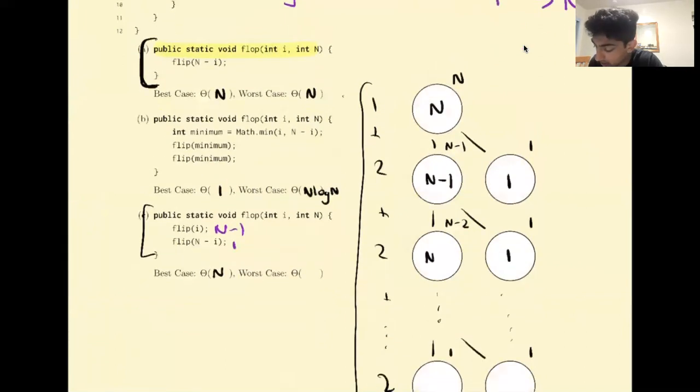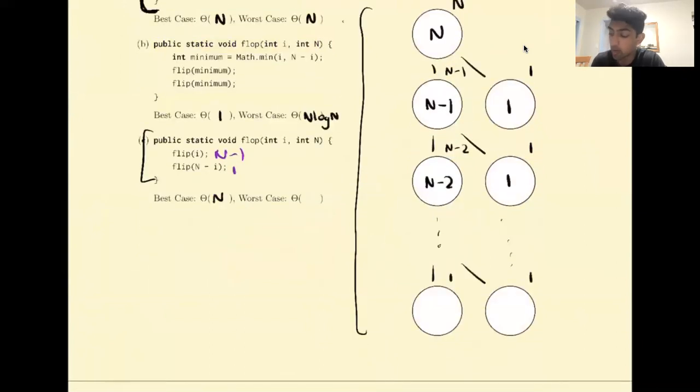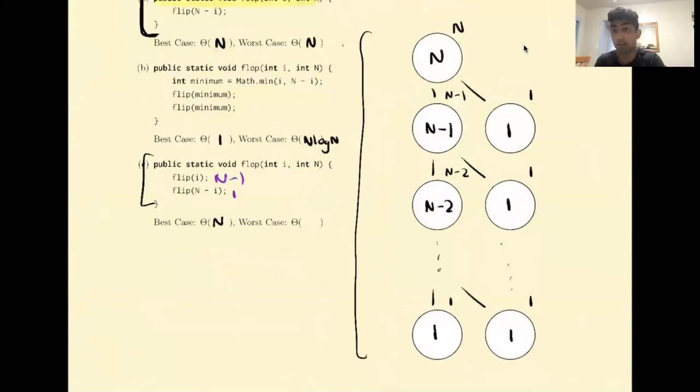But now what we can see is that we have a little more work at each level of this tree, right? So to find the total amount of work that we're doing in this case, we can simply look at the work per level. And what we will notice is that we have n work at the top, then roughly n minus 1, and then roughly n minus 2, all the way down to 1.